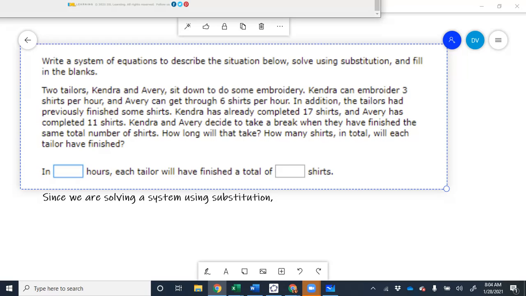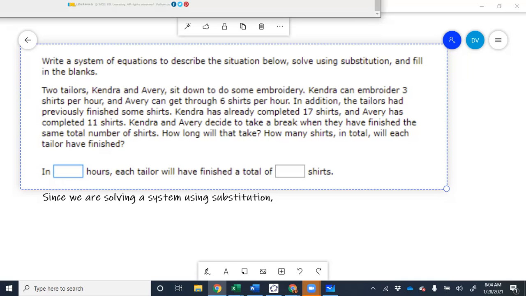We'll follow the directions. It says we're going to write a system of equations to describe the situation, and then we're going to solve using substitution, and then we'll fill in our answers. So here's the situation. Two tailors, Kendra and Avery, sit down to do some embroidery. Kendra can embroider 3 shirts per hour, and Avery can get through 6 shirts per hour.